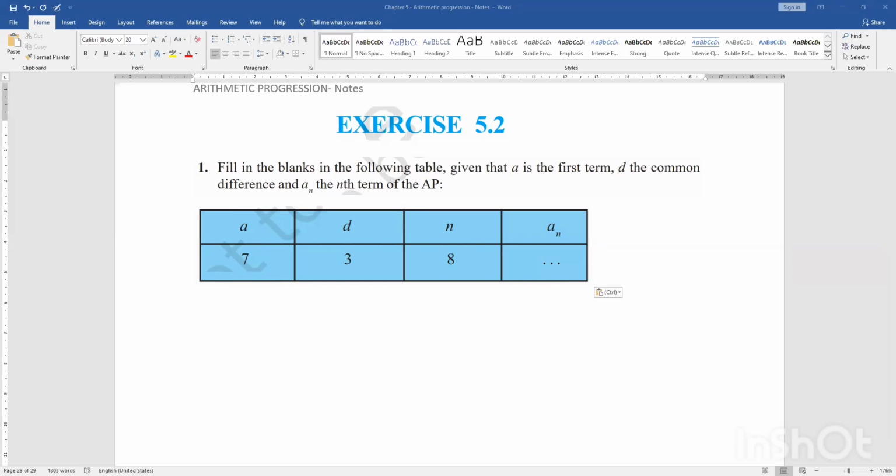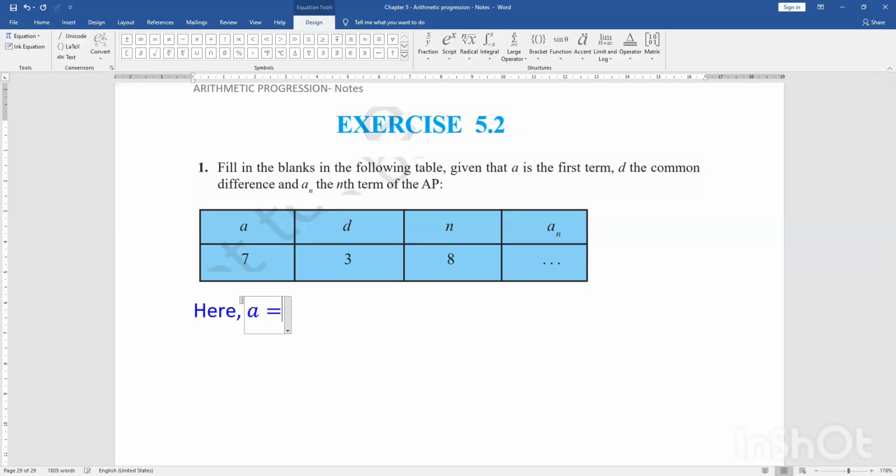So here we have a equals 7, d equals 3, n equals 8. And what we need to find out?